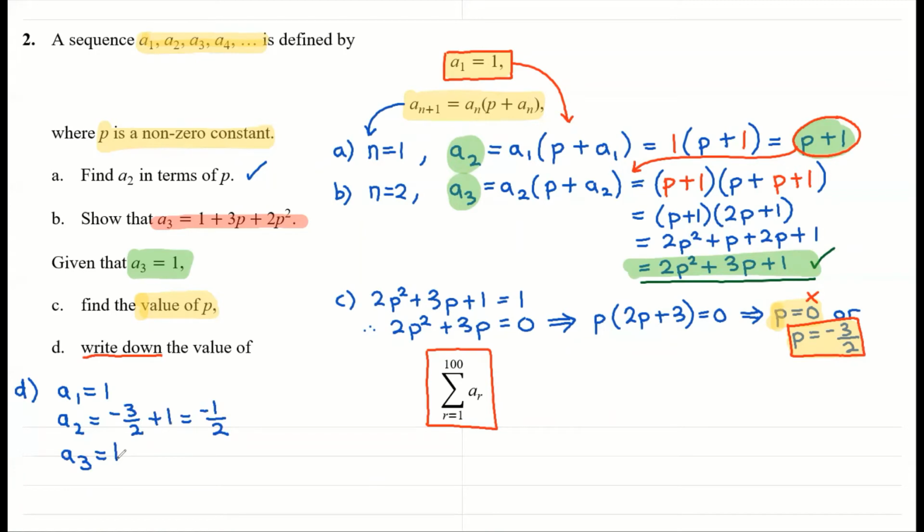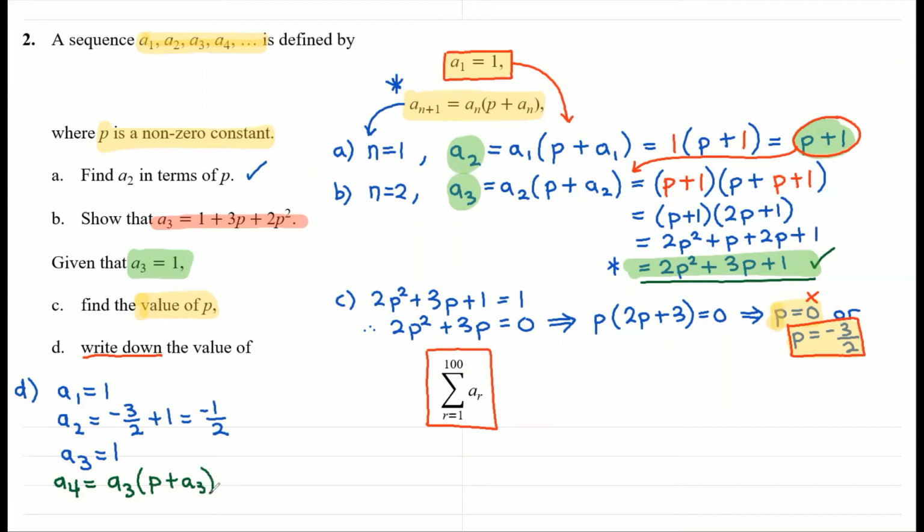Well, we could find out what the next term is. Now, rather than using this awful quadratic expression here, if we go back to the original recurrence relation up here, we know, and I'll just do this in a different color, just as an aside here, the A4 term would simply be A3, the previous term, multiplied by P plus A3 inside the bracket.